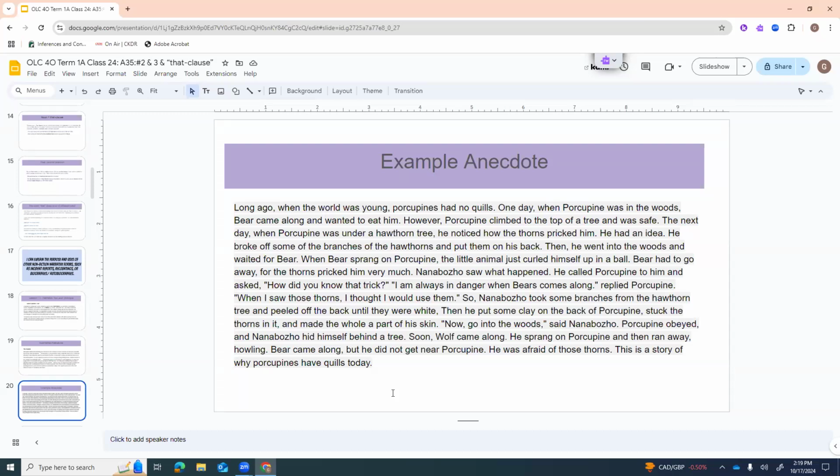Then he put some clay on the back of Porcupine, stuck the thorns in it, and made the hole a part of his skin. "Now go into the woods," said Nanabojo. Porcupine obeyed, and Nanabojo hid himself behind a tree. Soon Wolf came along. He sprang on Porcupine and then ran away, howling. Bear came along, but he did not get near Porcupine. He was afraid of those thorns.